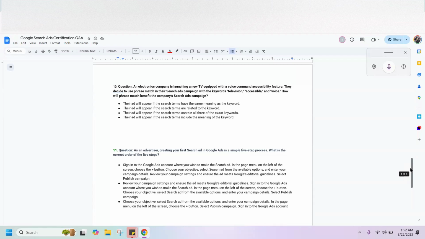They decide to use phrase match in their search ads campaign with the keywords television, accessible, and voice, which basically means if the user is querying any phrase in which these keywords appear, then the ad will be shown. Something along those lines, right? Assuming it's a buyer intent keyword, which Google's AI determines. How will phrase match benefit the combination?